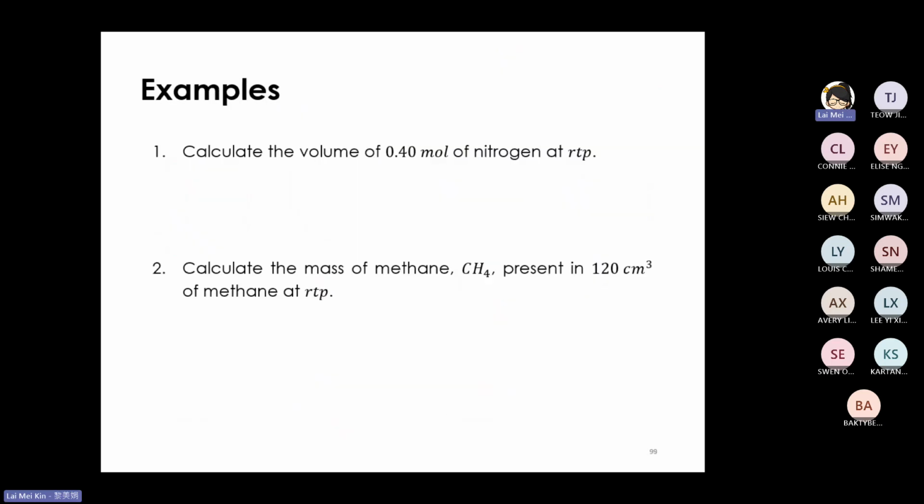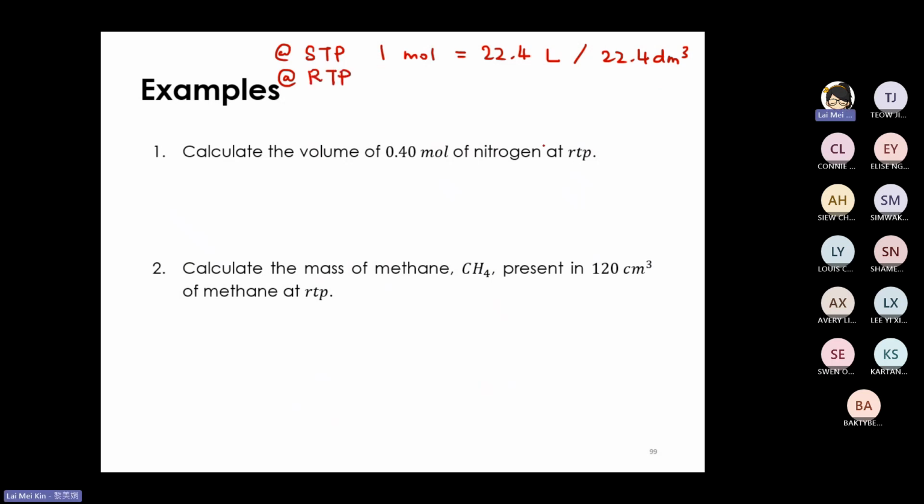All right, let's try to do some calculations. Just now I mentioned at STP, 1 mole will occupy 22.4 liter or 22.4 decimeter cube. And then we have another condition. What do you call it?